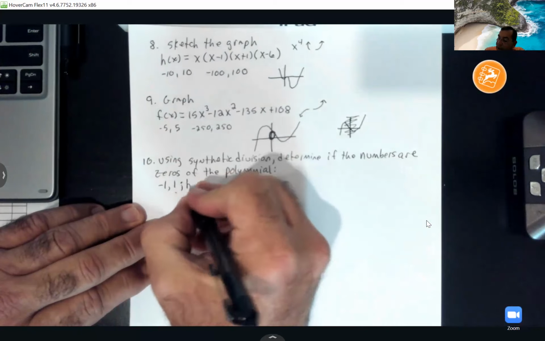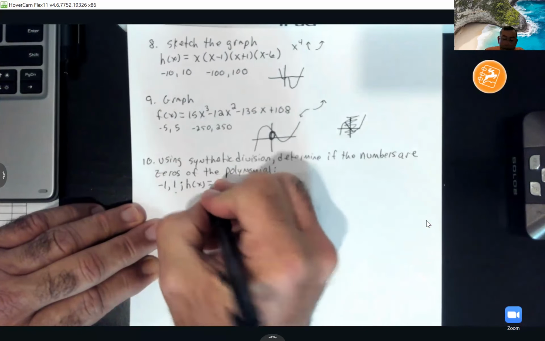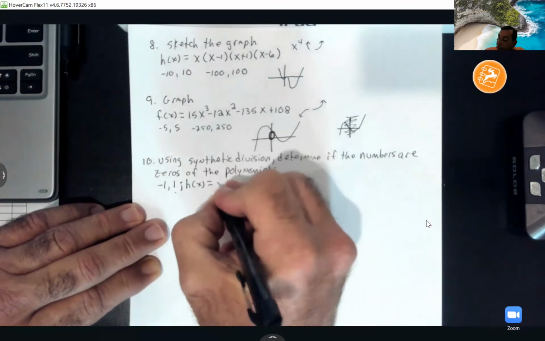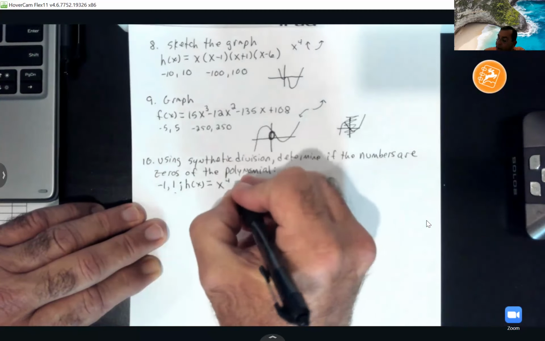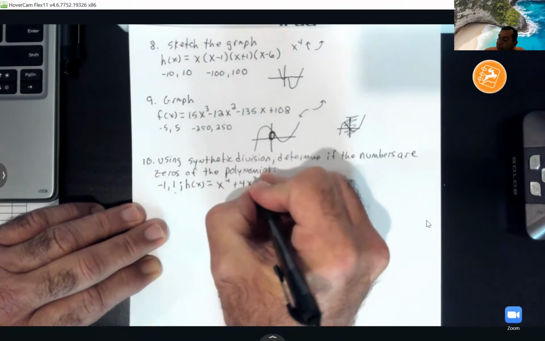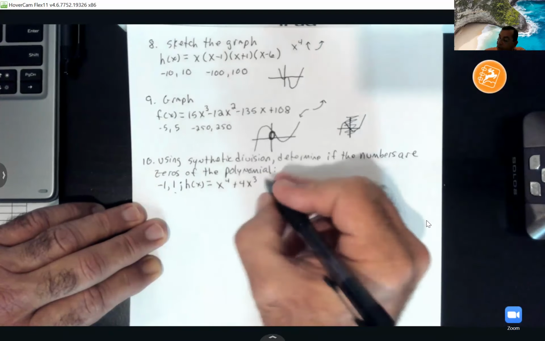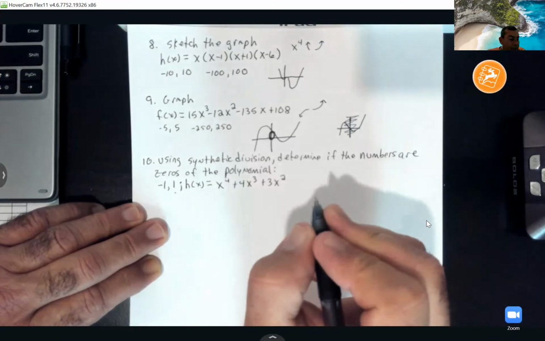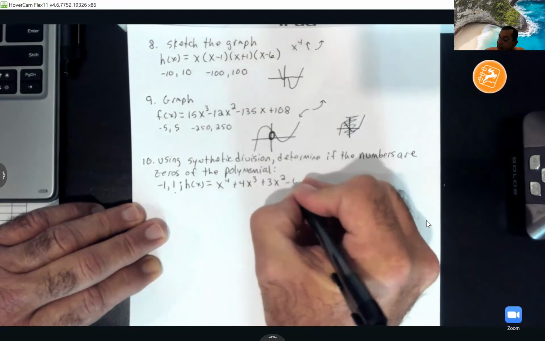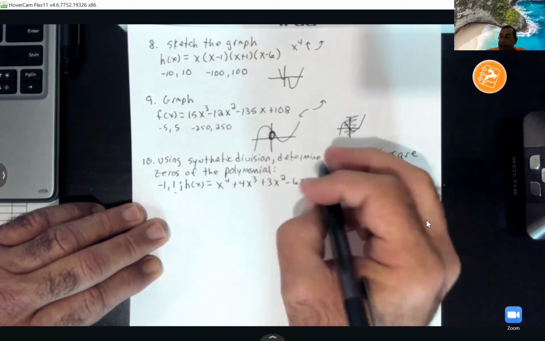And our function is h of x equals x to the 4th plus 4x to the 3rd plus 3x squared minus 6x minus 2.